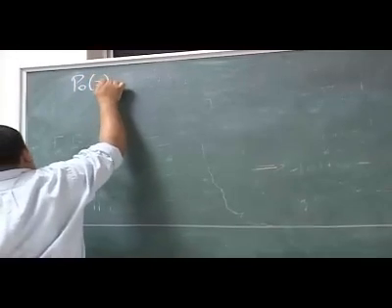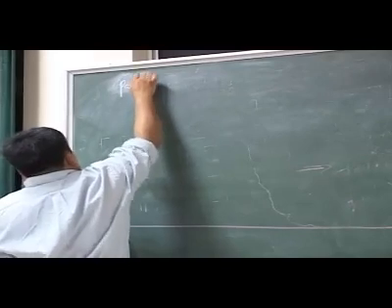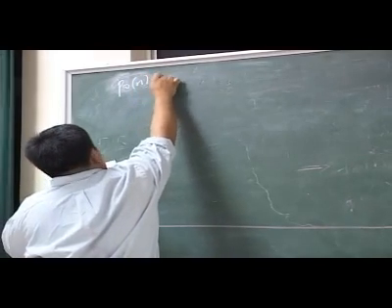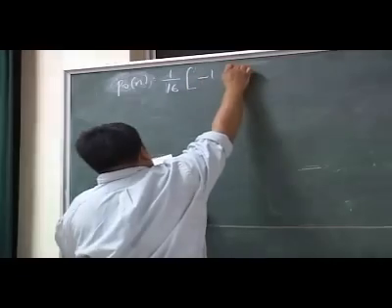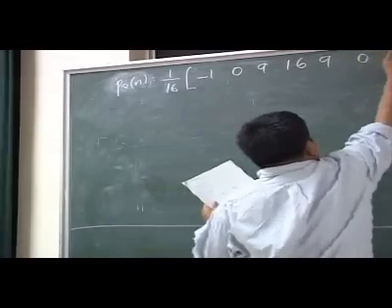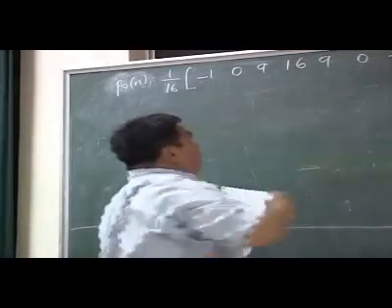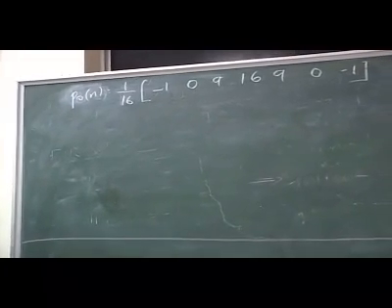Z equal to C0 is 1/16, minus 1, 0, 9, 16, 9, 0. This is my notation to give you the coefficients of the impulse response.